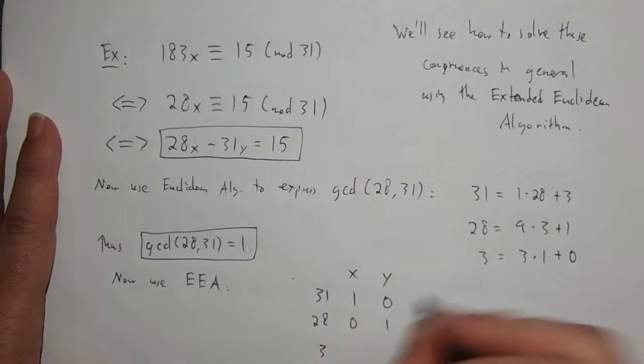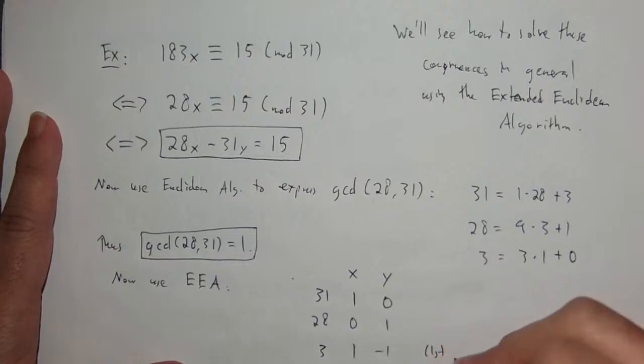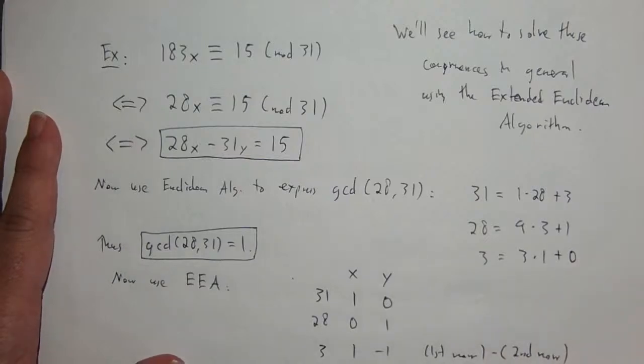Then 3, just reading off backwards here, would be 1 minus 1, so that's first row minus second row. That's how I compute that. And lastly, 1 is minus 9 and 10 in the y column, so that's second row minus 9 times the third row.